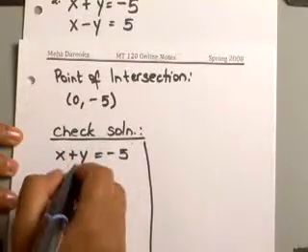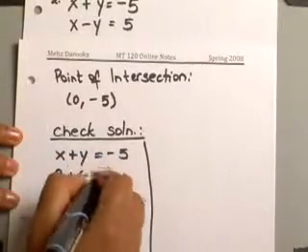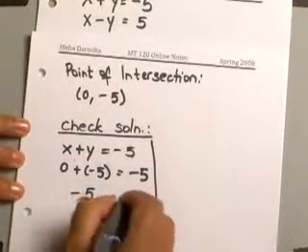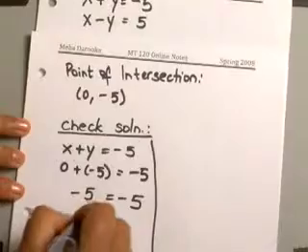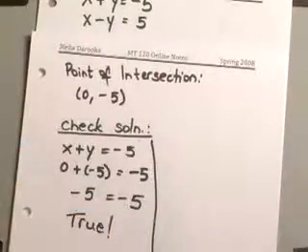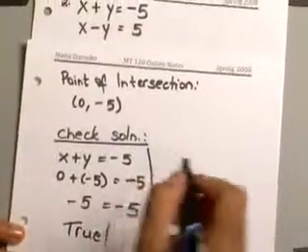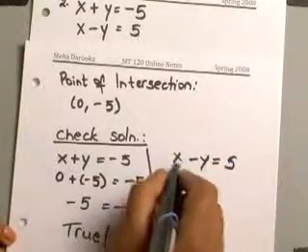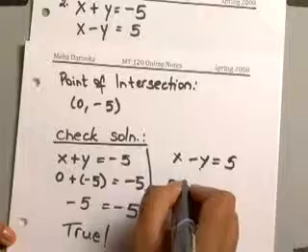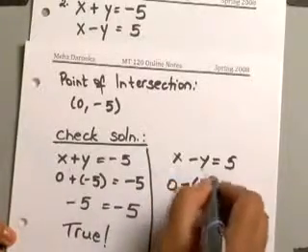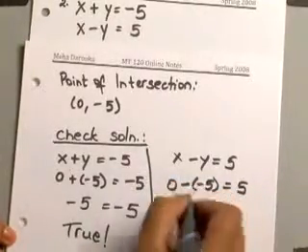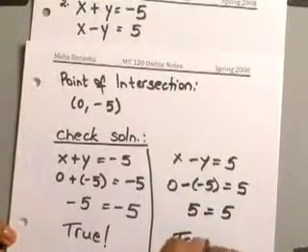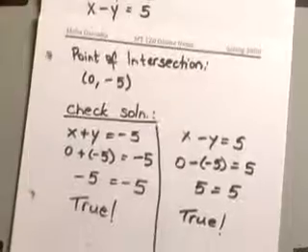This will be 0, y is -5. You end up with -5 equals -5. Of course, you end up with a true statement. Checking your answer for the second one, x minus y equals 5, which will give us 0 minus y is -5. And the two negatives become a positive, and we have another true statement.